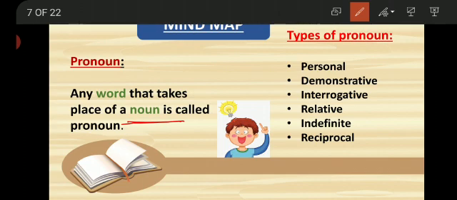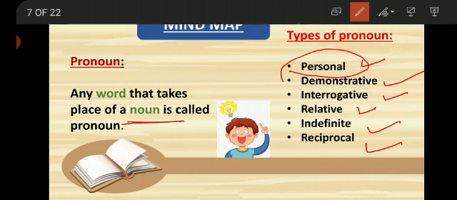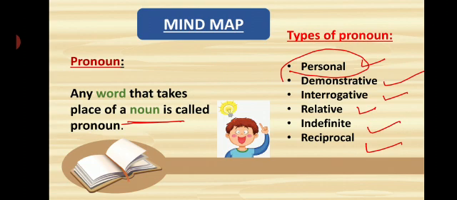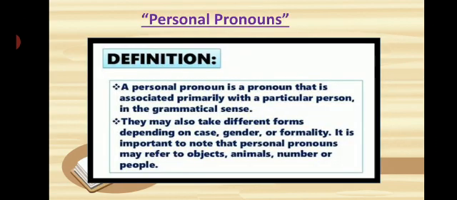And how many types of pronouns are there? Personal pronoun, demonstrative pronoun, interrogative pronoun, relative pronoun, indefinite pronoun, and reciprocal pronoun. Our today's lecture is about personal pronouns. Okay, now let's start. What are personal pronouns?